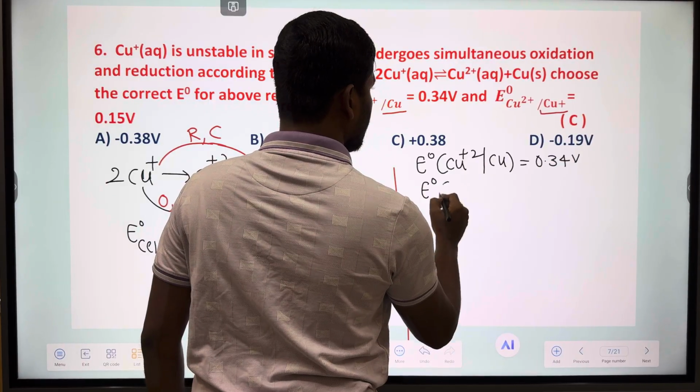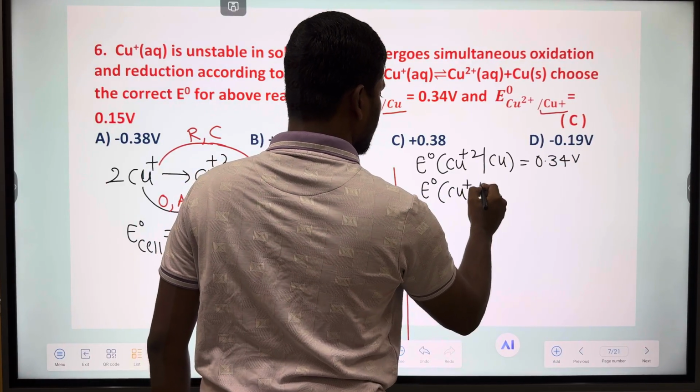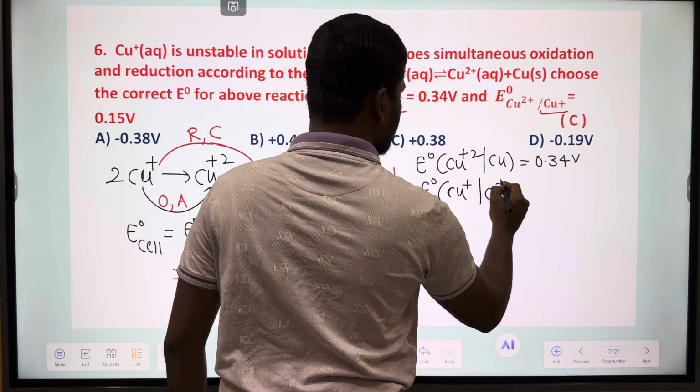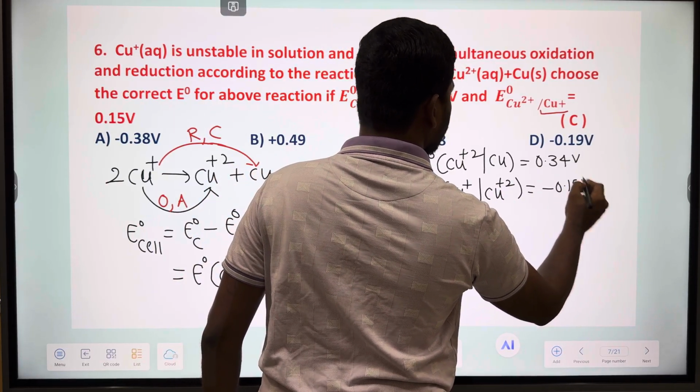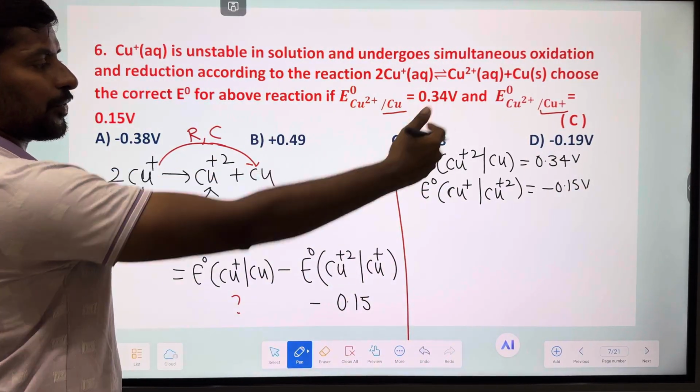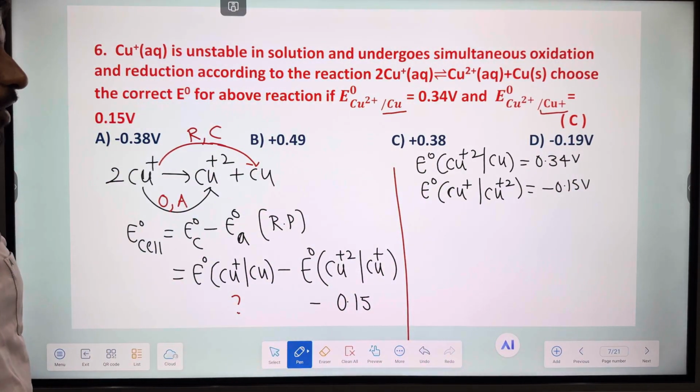Next, E0 for Cu+ to Cu2+ is minus 0.15 volts. Here it is given as reduction potential, but I took oxidation potential, so minus 0.15 volts.